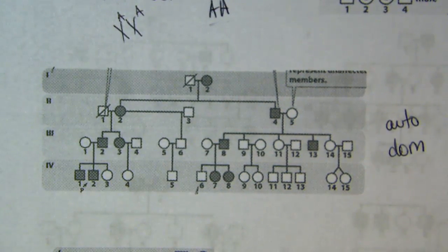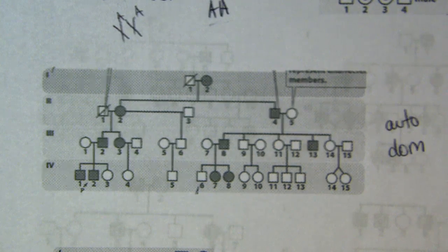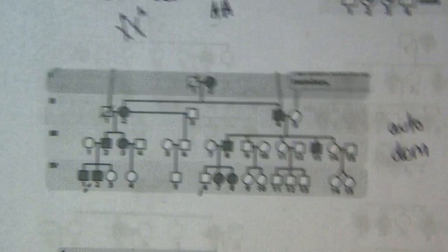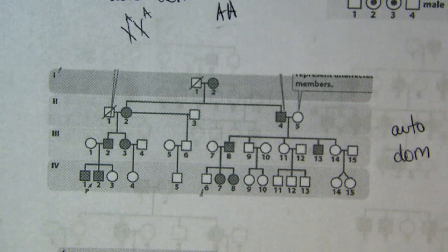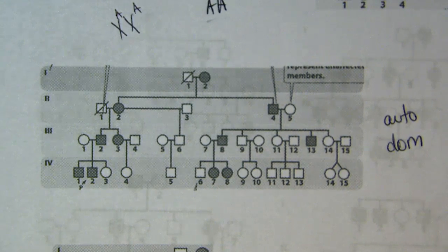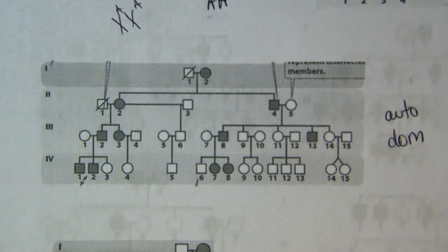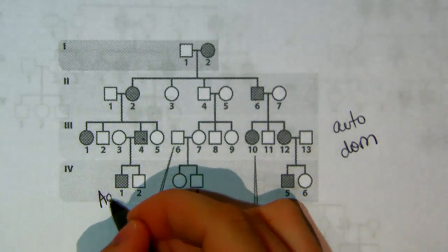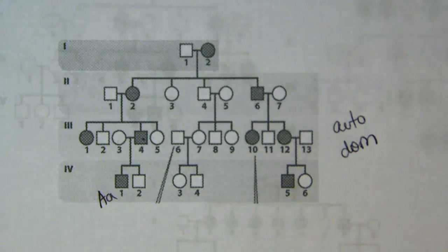Okay, so this one is autosomal dominant according to me. So let's see, in this case, it follows the same kind of pattern where each affected individual comes from a heterozygote parent. The trait is present in every single generation, and the numbers of males equals the number of females, about the same. So if you just pick one individual and follow it through, they have the dominant trait from their dad, and then they have the recessive trait from their mom in this case.